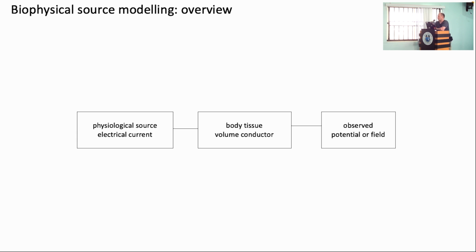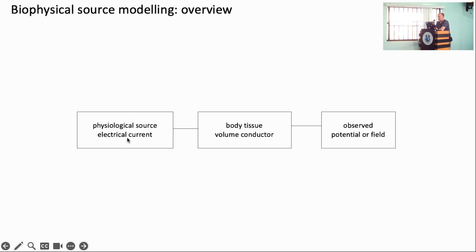This is where biophysics comes in. This is a field that I've been studying a lot. Biophysical source modeling approaches this by treating the body, or the tissue of the head in this case, as something that can electrically conduct currents.